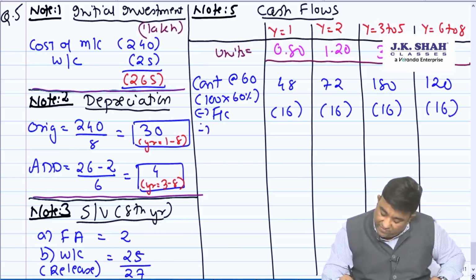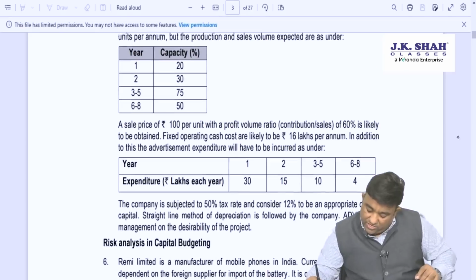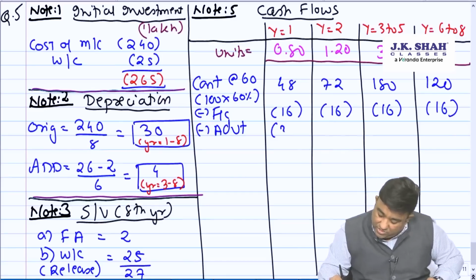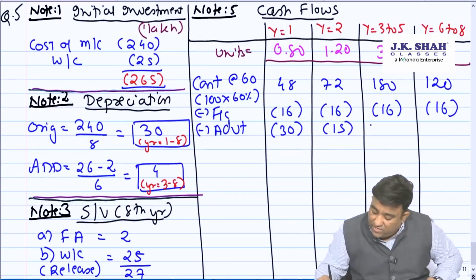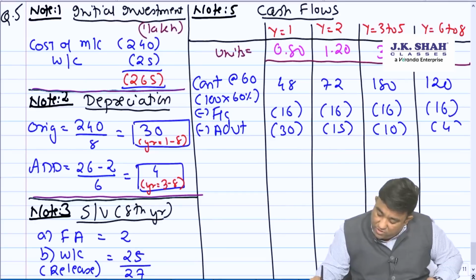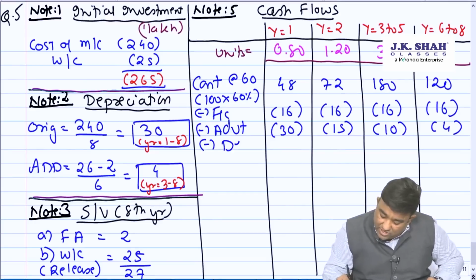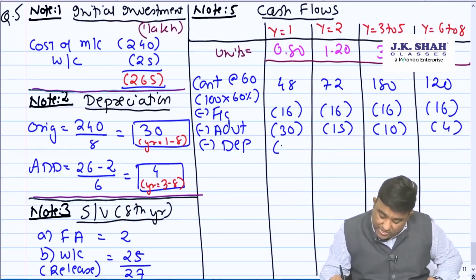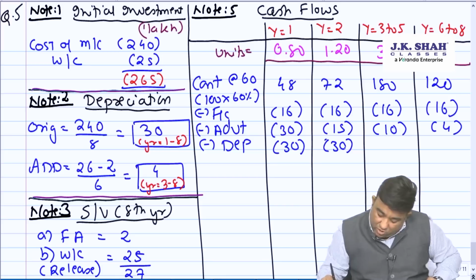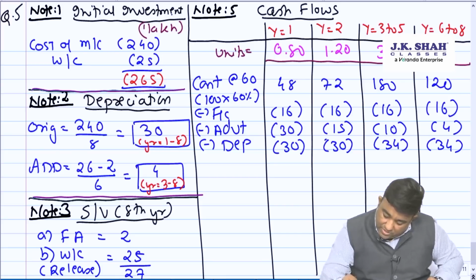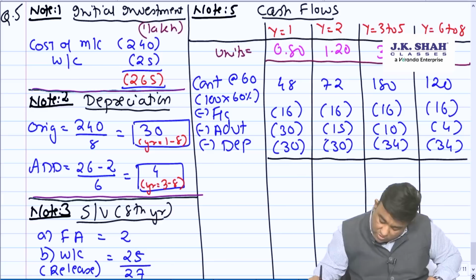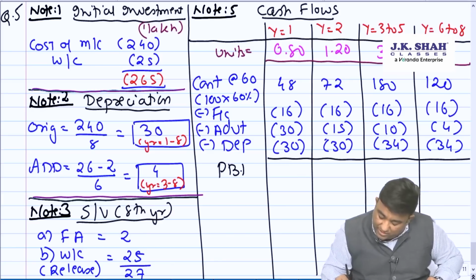Minus, obviously, advertisement. They have specifically given 30, 15, 10 and 4. And last but not the least, depreciation, which you have already computed in note number 2: 30 for the first year, 30 for the second year, and third year onwards this is going to be 34. Now student, I can compute profit before tax.